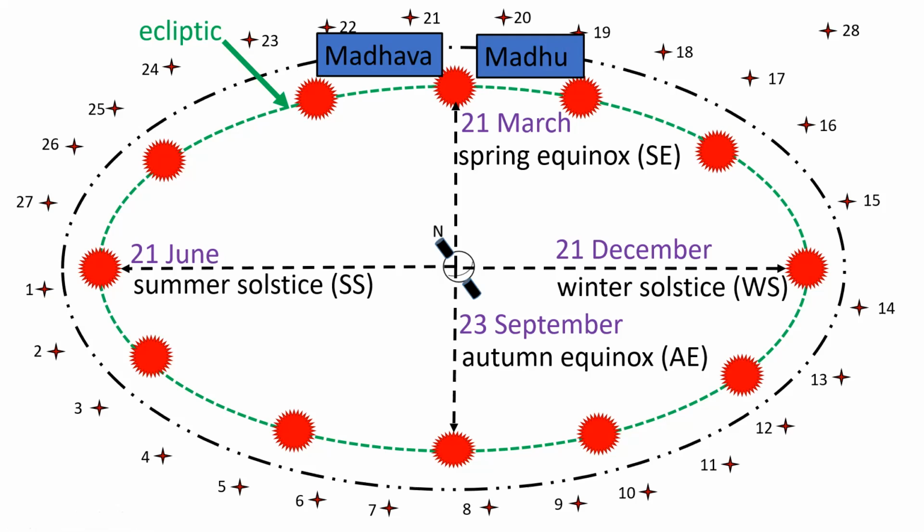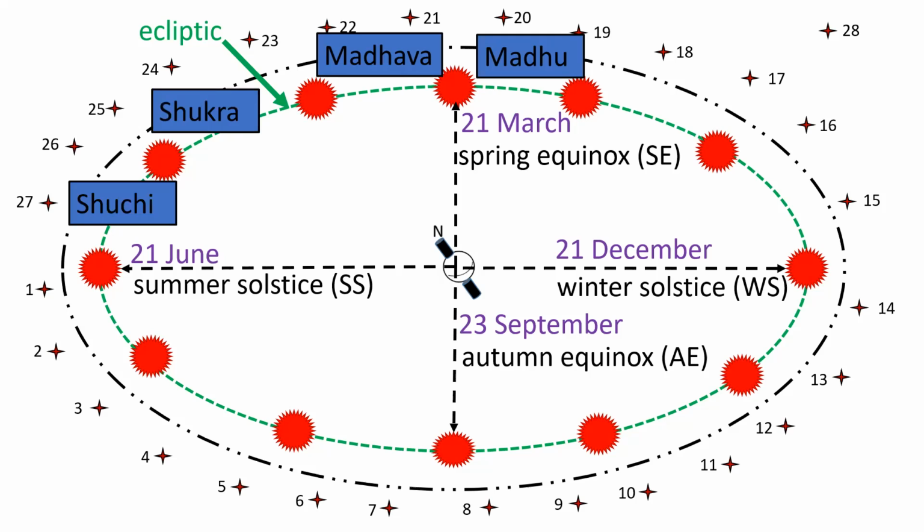So the first month of the Vasanta Rutu or spring season is Madhu, and the second month of the Vasanta Rutu, again spring season, is Madhava. Now keep that in mind. The solar year begins on the day of vernal equinox, which is a midway point of the Vasanta Rutu, spring season. And therefore, in the solar calendar, Madhava is the first month of the year.